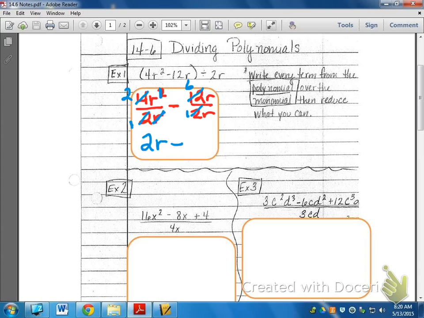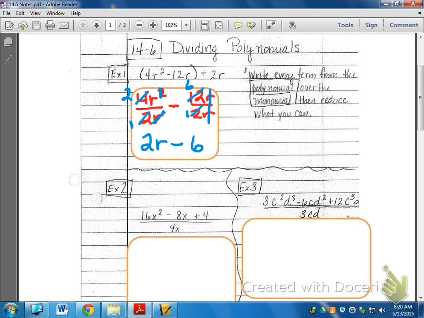And there's an r on the top and r on the bottom. What do you think we're going to do with that? Cancel that out completely. And then we're left with just 6 over 1, or you would just write 6. 2r minus 6.